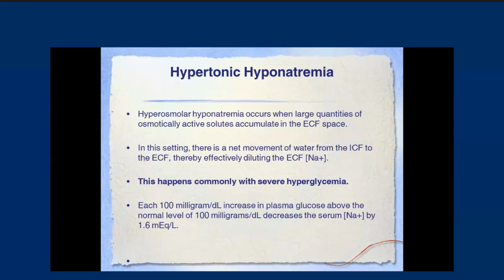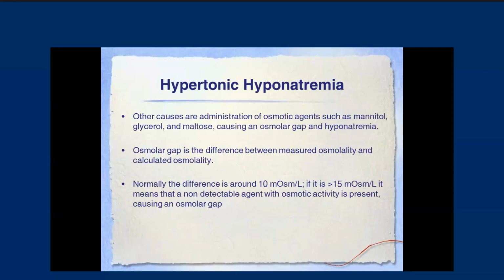So in case of hyperglycemia, there can be hypertonic hyponatremia, and other causes, as I've mentioned earlier, like mannitol, glycerol, maltose. This will cause an osmolar gap and hyponatremia. The osmolar gap is the difference between the measured osmolality and the calculated osmolality. The measured osmolality is usually measured in the labs, and it is going to measure every osmotically active particle in the intravascular space or in the blood.